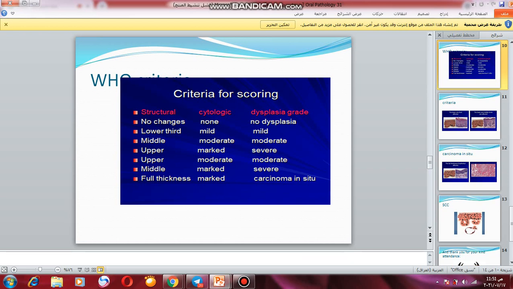هاي مفهومة. آخر شيء when I have full thickness، يعني من البيسال stratum basali للcorneum كلته I have structural and cytological changes، هاي يسموه carcinoma in situ، يعني carcinoma within the epithelial layer. Slide number 8 العفو 11.